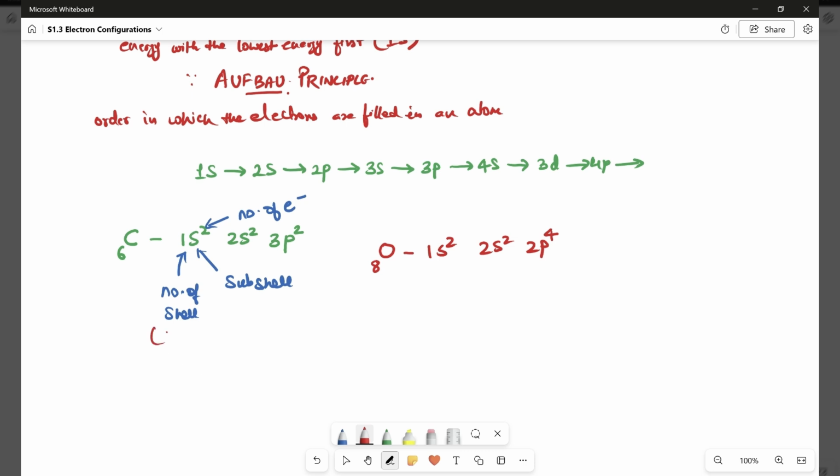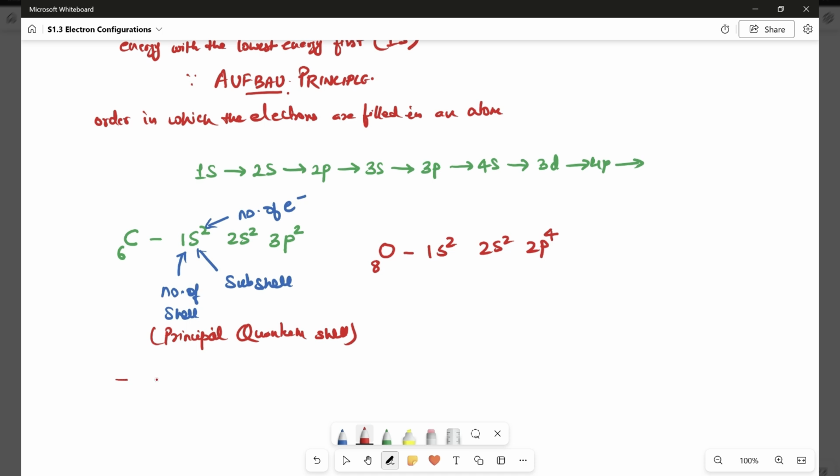So the number of shells, or you can say the principal quantum number, right? So the principal quantum shell increases in energy with an increase in principal quantum number. Example, n equal to 4 is higher in energy than n equal to 2.